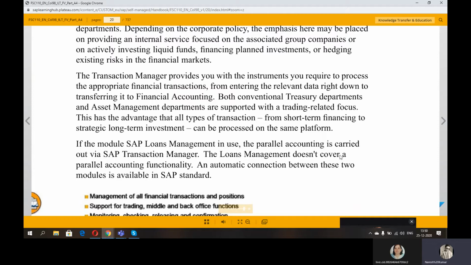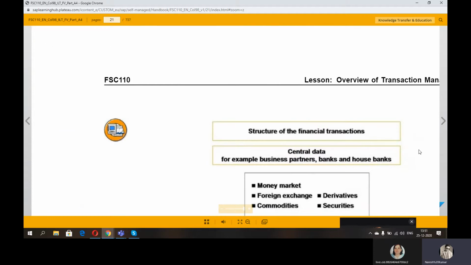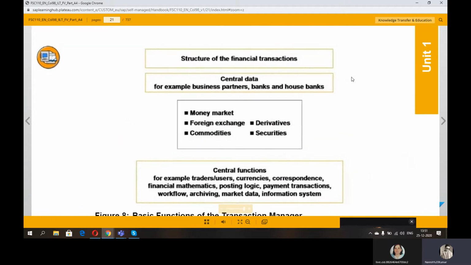The loans management does not cover a parallel accounting functionality. Okay. If the SAP loans management is used, the parallel accounting is carried out by SAP transaction manager itself. Okay. Then structure of financial transaction based on central data, example business partner, banks or house banks, money market, forex exchange, commodities, derivatives, securities.